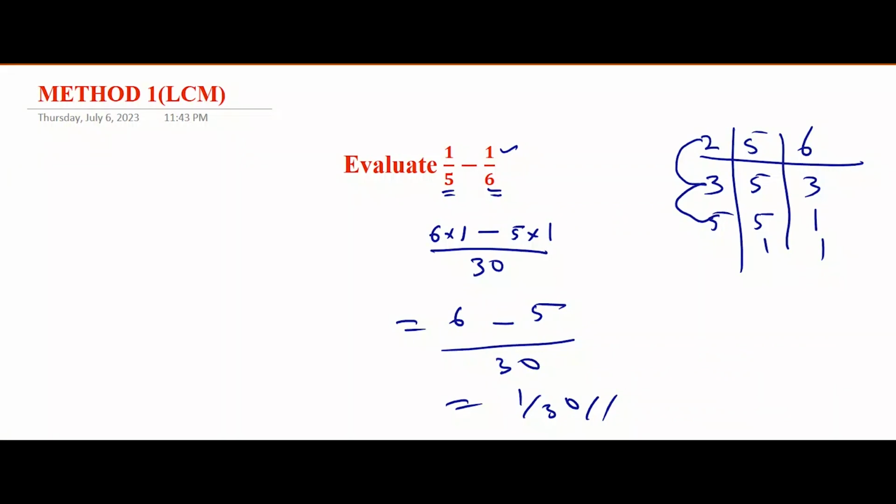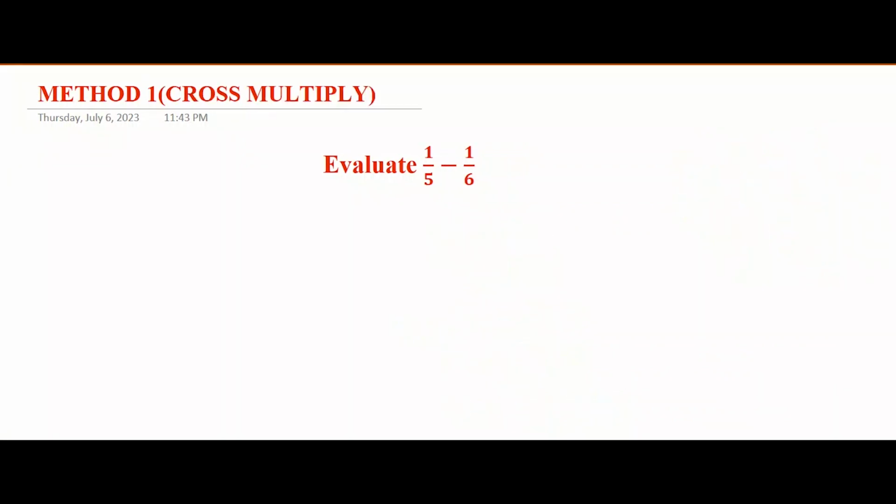So let's look into the second method. That will be cross multiply. Here, what you need to do is to multiply the denominators, that is 5 by 6. So that will be 30. Then next, you multiply 6 by 1, the right hand side here. This order is very important. 6 by 1.